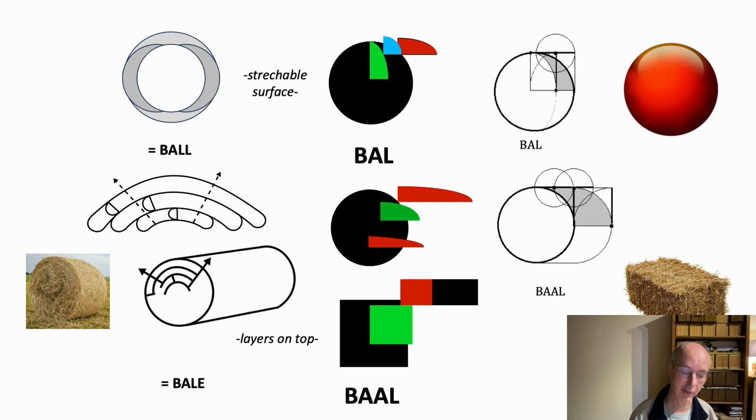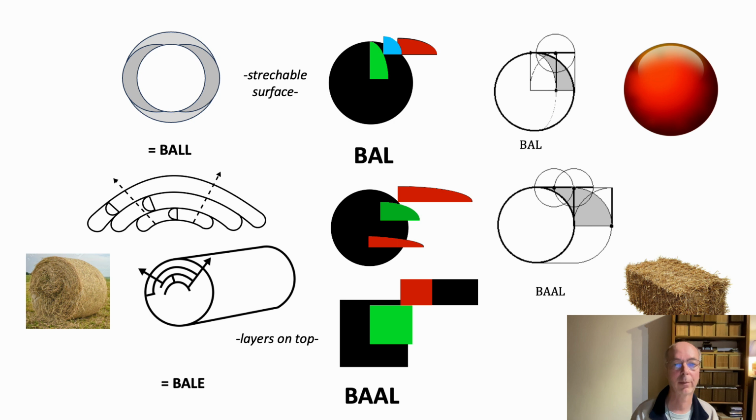And this investigation, also from different kinds of viewpoints, will reveal after a while what the differences between the words are. So BAL is, as a conclusion, more like a stretchable surface.